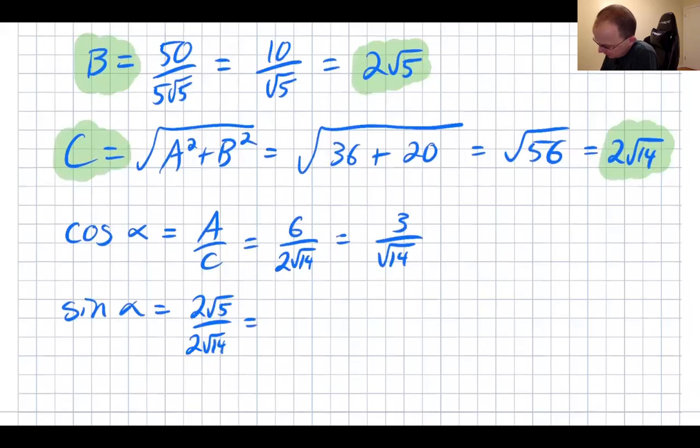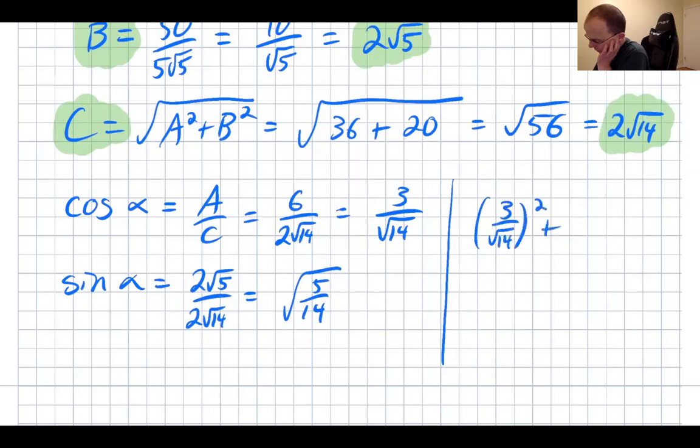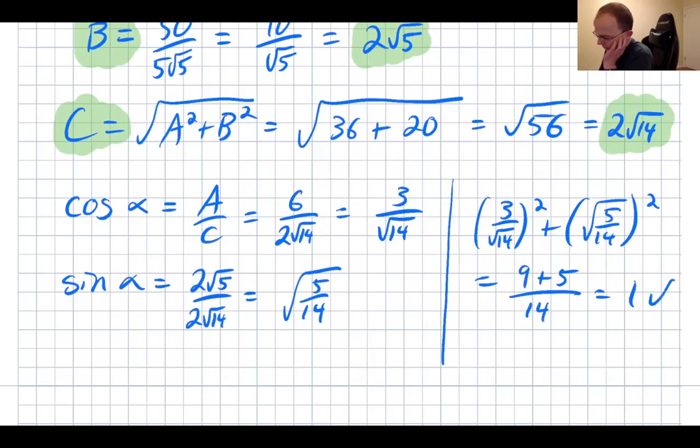So we end up getting the square root of 5 over 14. And we might as well check that this squared plus this squared should be 1. So we get 9 plus 5 over 14, and that is 1. Good.